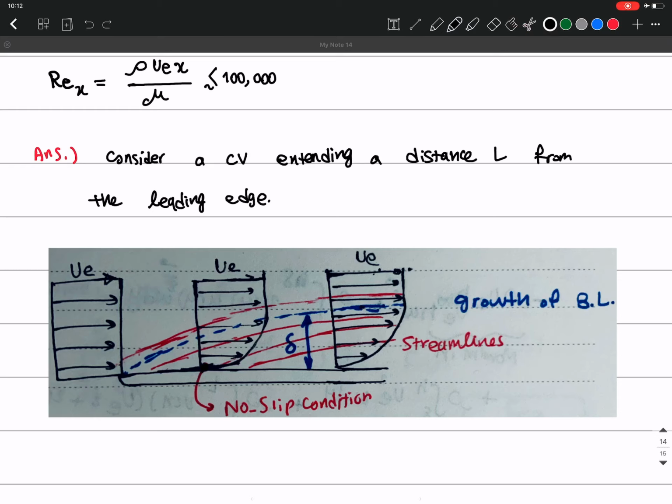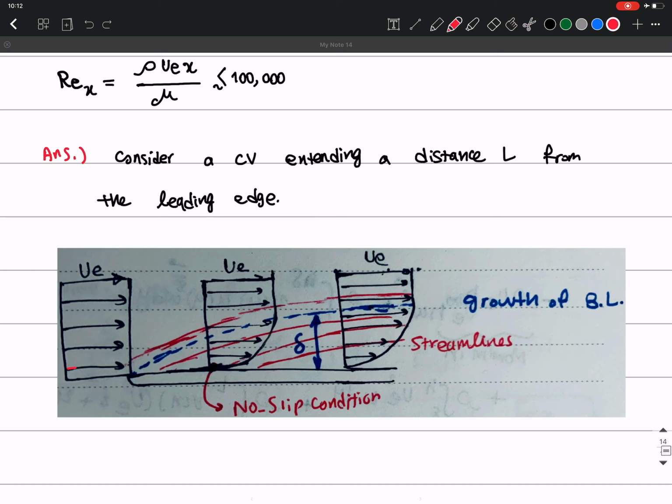Okay, so based on this we can define something. And here these red lines show the velocity streamlines. So if you say here we have this velocity, then it's going to go something like this, right? This is going to be always ue.